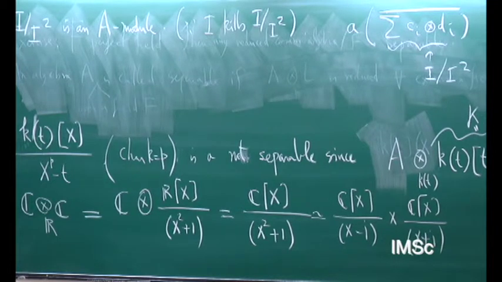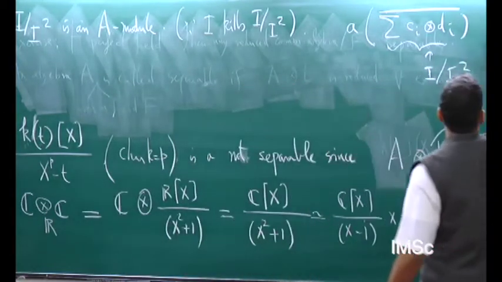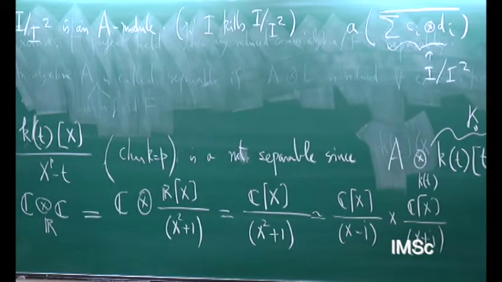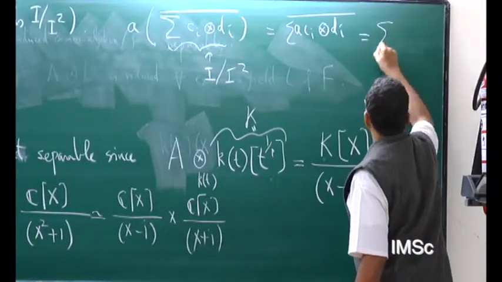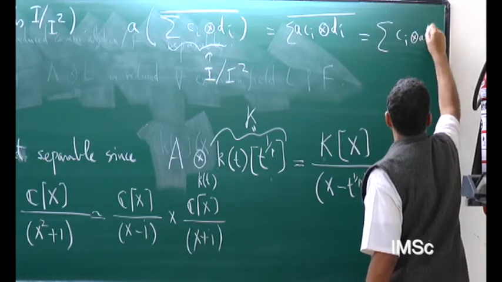Can I put a c_i tensor d_i, or do I put c_i tensor a d_i? The answer is either, because what does it mean? It means that you choose a pre-image of a in A tensor A, which you can do either a tensor 1 or 1 tensor a, and then multiply it out. So this is equal to either a c_i tensor d_i bar, or c_i tensor a d_i bar. Either one is okay.